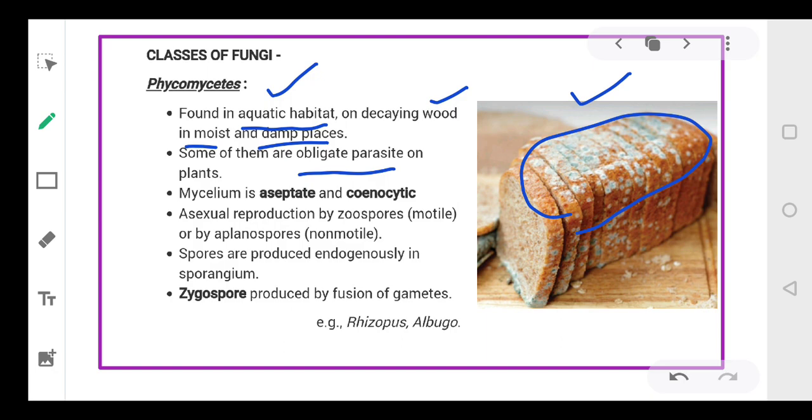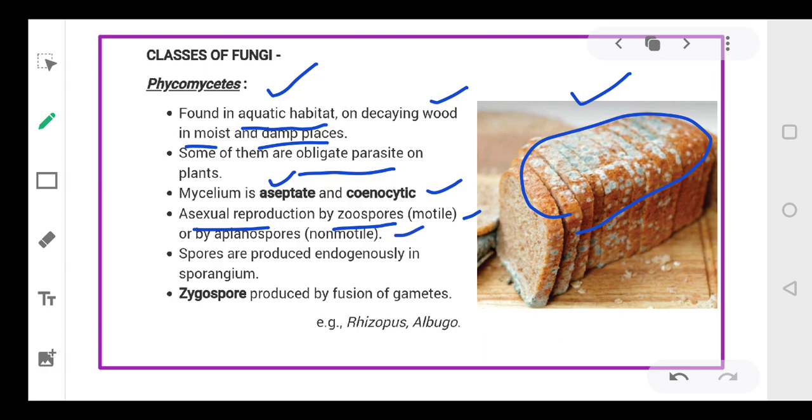The mycelium is aseptate and coenocytic. Coenocytic, I just told you, means the hyphae contain continuous tubes filled with either uninucleated or multinucleated cytoplasm. Then it reproduces asexually by zoospores, which are motile, and aplanospores, which are non-motile.